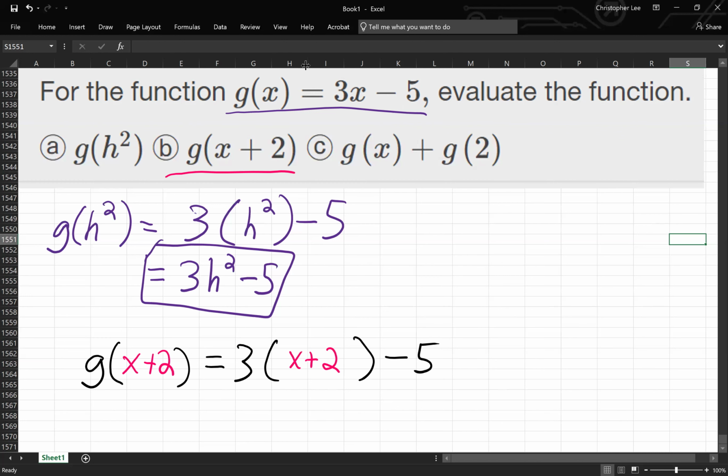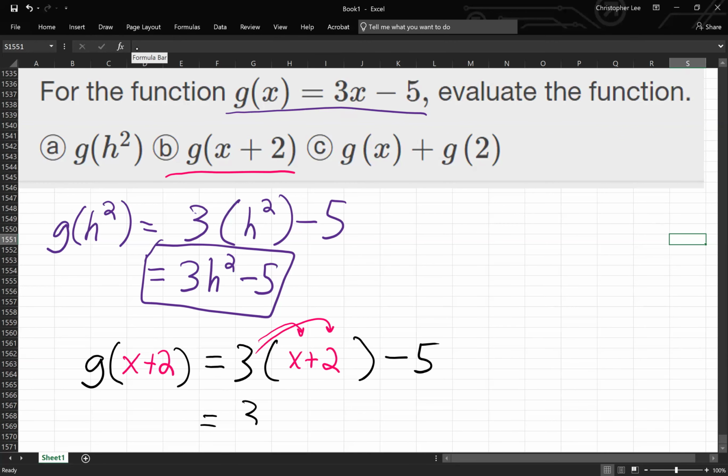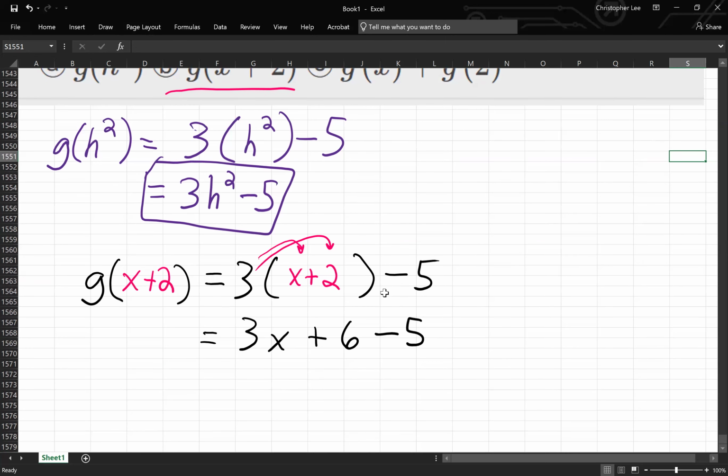No, that's not the final answer, right? The final answer is I have to distribute this and then combine like terms. So what does this become? This is going to become 3x plus 6 minus 5. And then I combine like terms to get 3x plus 1.